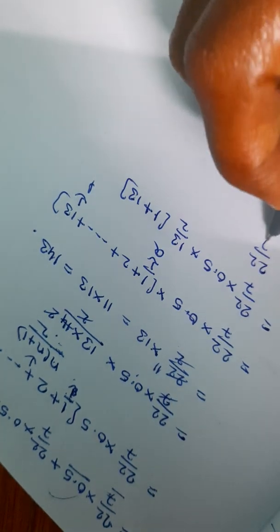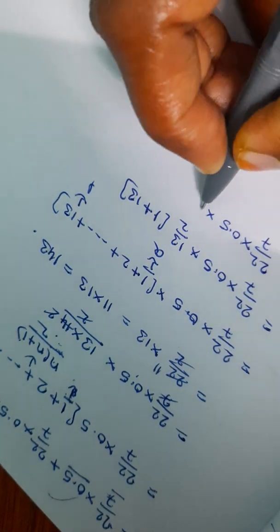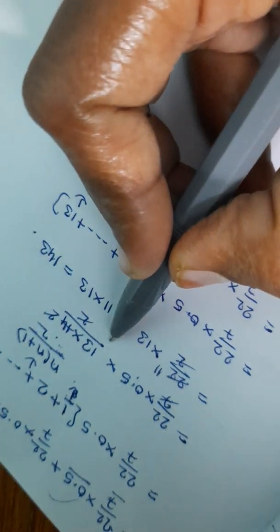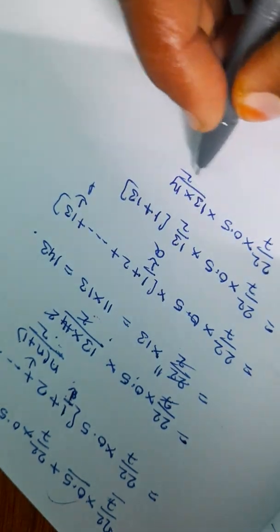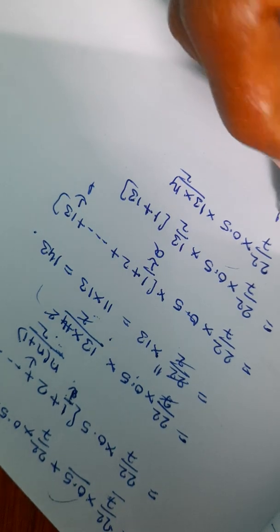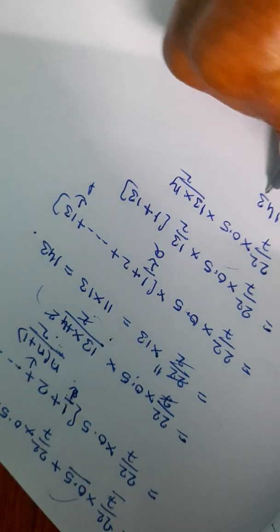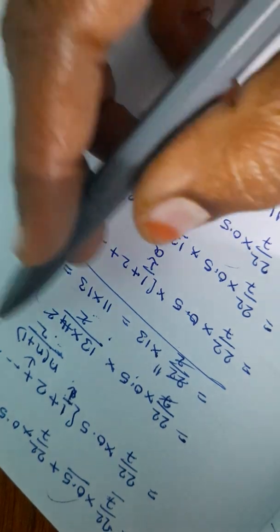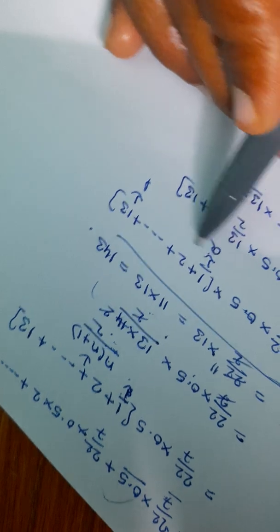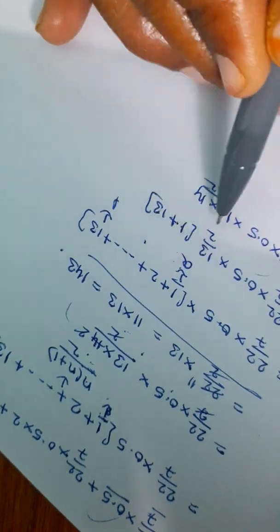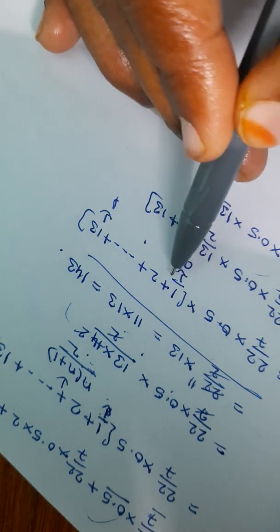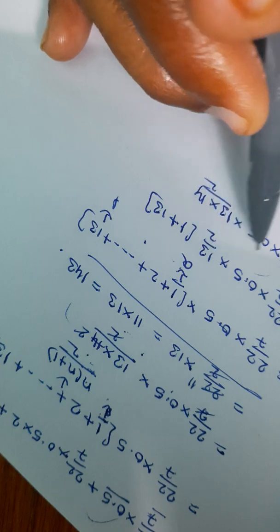That is 22 by 7 into 0.5 into 13 into 14 by 2, which we just solved, so I'm not solving it again. The answer is 143. If you remember the formula for the sum of terms of an arithmetic progression, you can solve it by using this too.